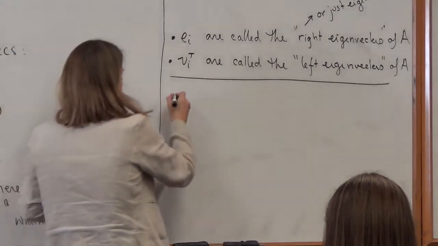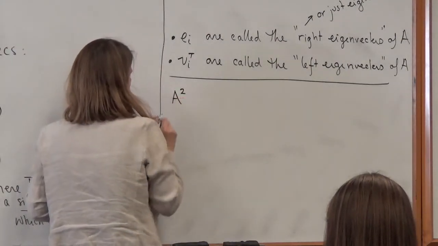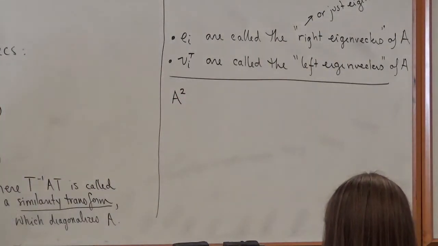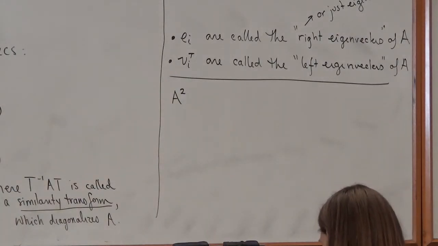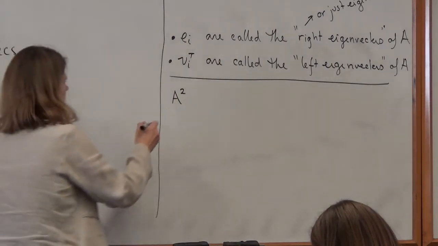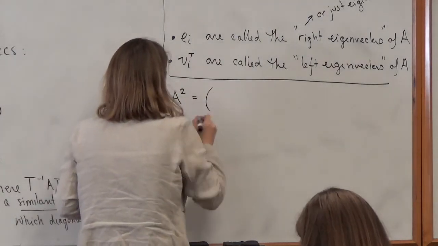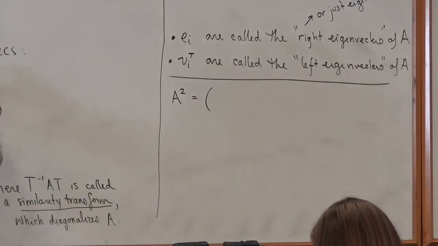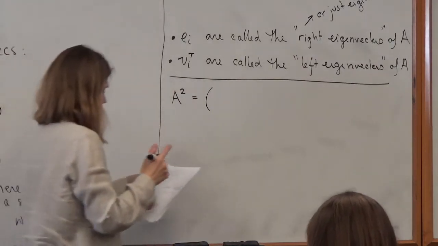So if you look at A squared, let's go back to our defining point of these few lectures, which is that we're interested in computing functions of a matrix. Now my function is the squaring, so I'm going to compute A squared. Well, I can write it now. I've got my case 1, so I've done all these different expansions.